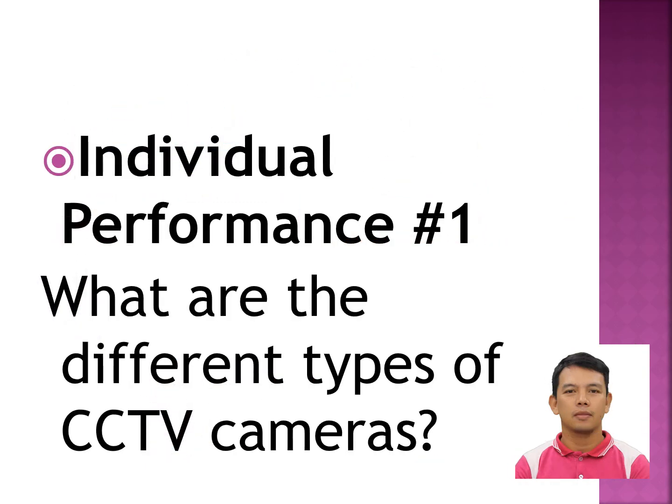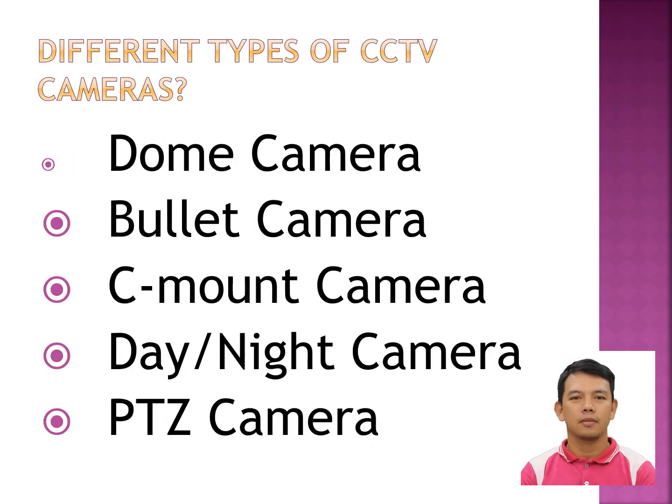So your individual performance, you can write it in the long or short bond paper and submit during our retrieval and distribution of modules. What are the different types of the CCTV cameras? So these are the answers.